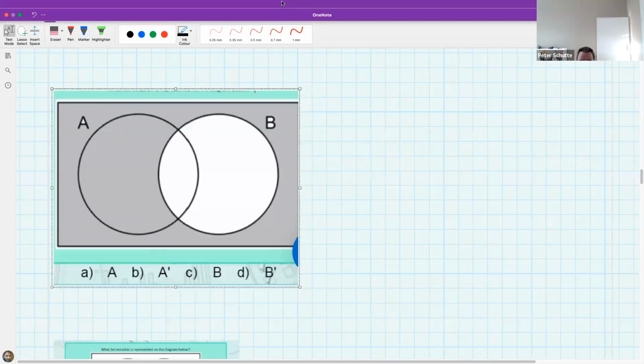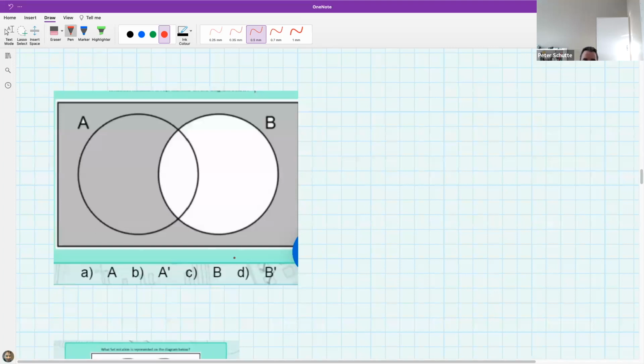So what this is saying is it's everything that's not in B, or the complement of B, which for me has to be B dash. So B and B dash are complements. I can be anywhere I like in the sample space, but I can't be in B, so I must be in B dash.